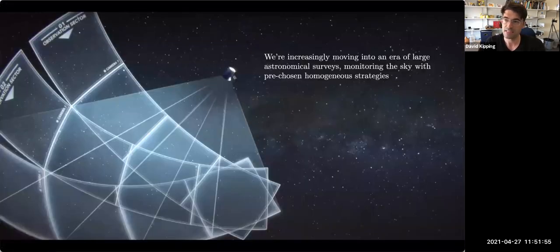Now, the reason why I think this is important is because we're moving into an era where this is going to become more of a thing, because look at TESS, look at Gaia, we have WFIRST, LSST on the way. And we're moving into this era where the survey modes are basically predestined. They're pre-chosen before the mission flies. We're going to do this strategy. We're going to tile the sky.